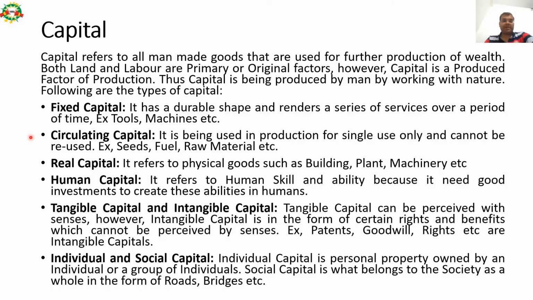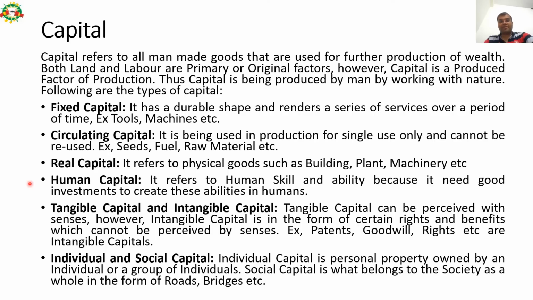Real capital refers to physical goods like buildings, plants, machineries. Then human capital is human skill and ability, because it needs good investment to create these abilities in humans. Then tangible versus intangible capital.